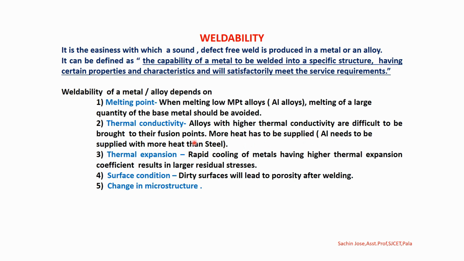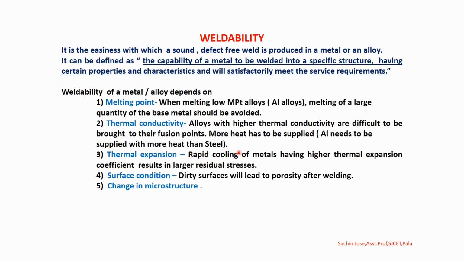You may wonder why. Aluminum is a very light metal, right? It has a lower melting point than steel. The common logic says that you will need less heat. But since the thermal conductivity of aluminum is very high, it just transfers away the heat. More heat has to be supplied. The next point is thermal expansion.